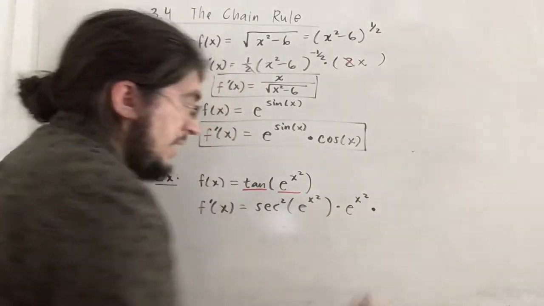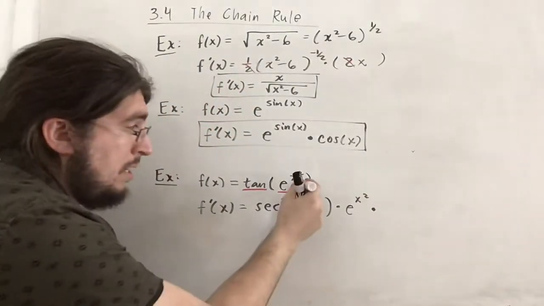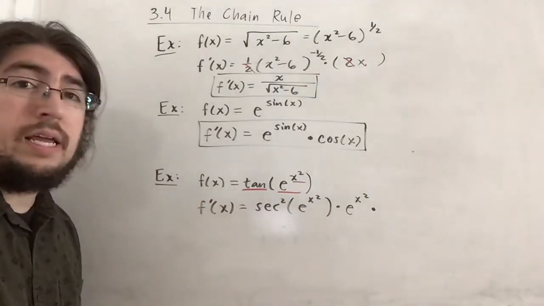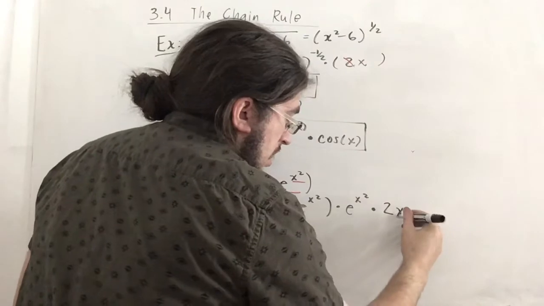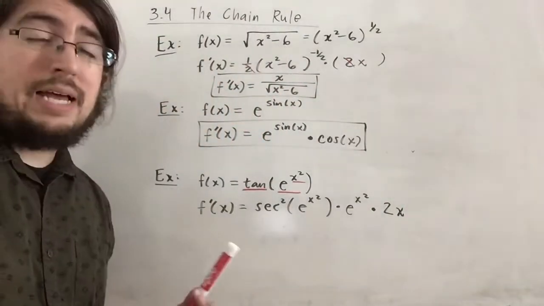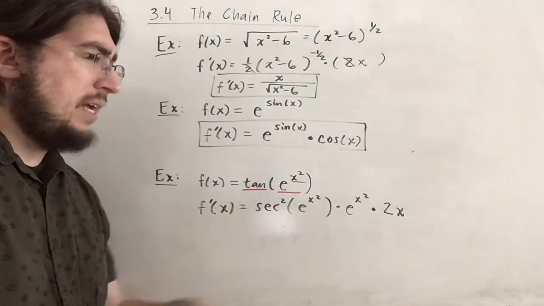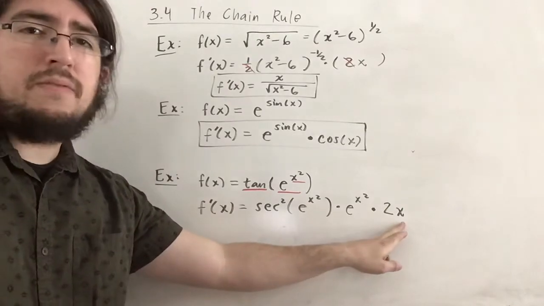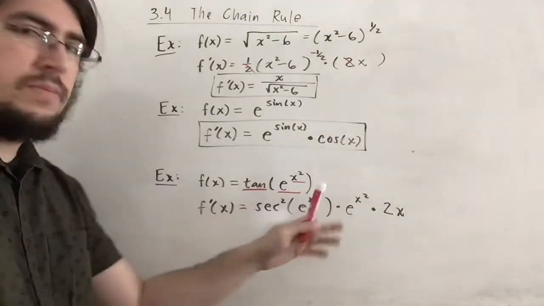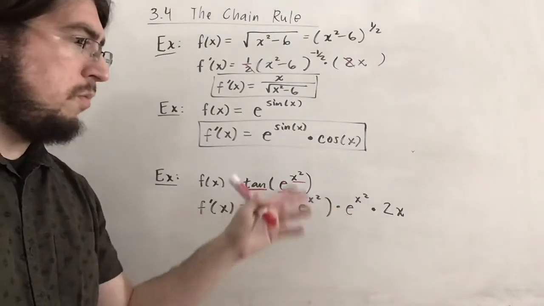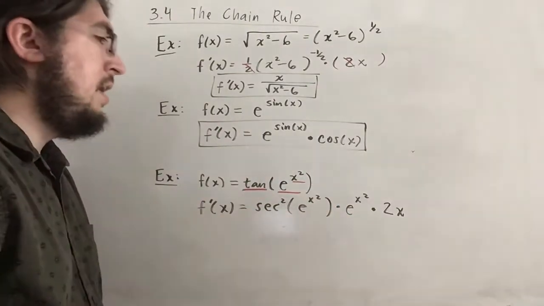And then multiply this to the derivative of that inside, which now we're on the 3rd layer finally. And derivative of x squared is 2x. And there we go, that has no inside actually. In fact, if you think the inside is just x itself, derivative of x is 1, and you stop there. But in reality, we just stop once we have no more insides, and this is it.